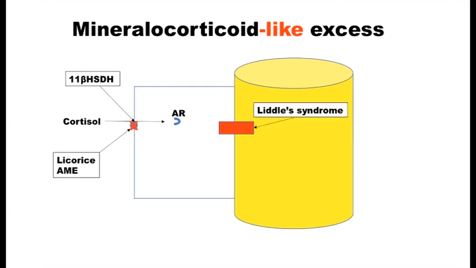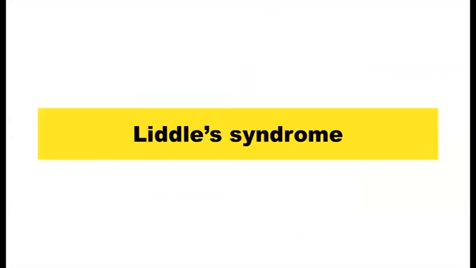So the other possibility we were considering is Liddle syndrome, which is a mutation affecting the ENaC channel, which allows it to absorb sodium regardless of whether or not sodium is actually required, resulting in hypertension and hypokalemia. And in fact, she ended up having Liddle syndrome. The patient was commenced on amiloride and the metabolic alkalosis, as well as her blood pressure and potassium, all normalized.